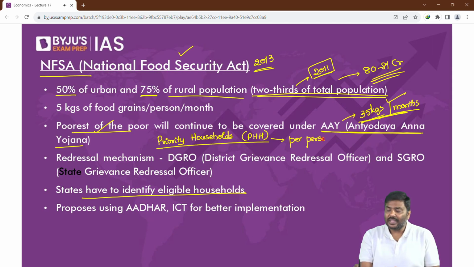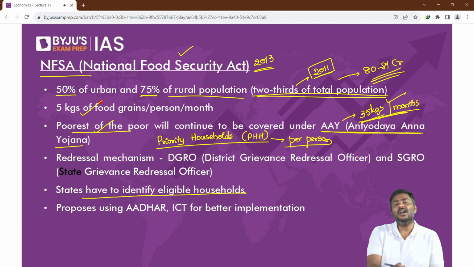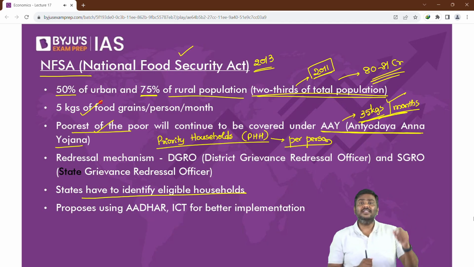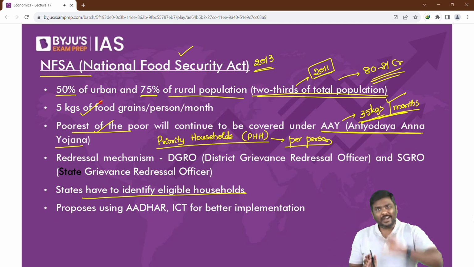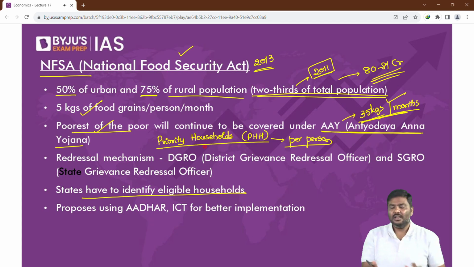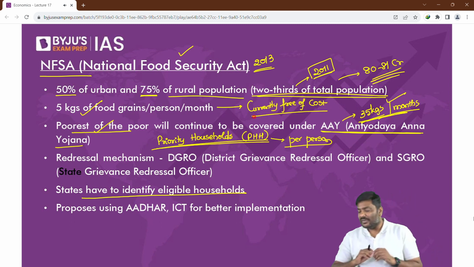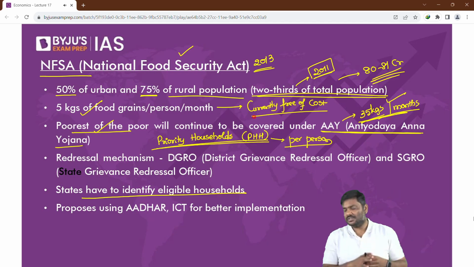But if you are identified as a priority household, then per person, 5 kgs of food grains are provided. And right now, please remember, whether you are a PHH or AAY, these food grains are currently provided free of cost.